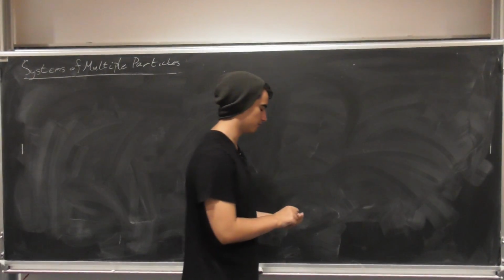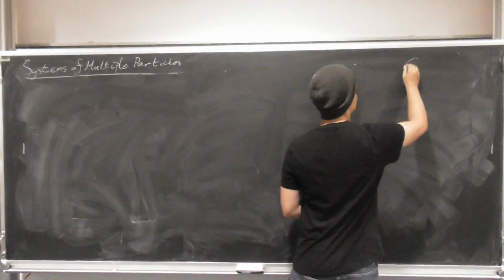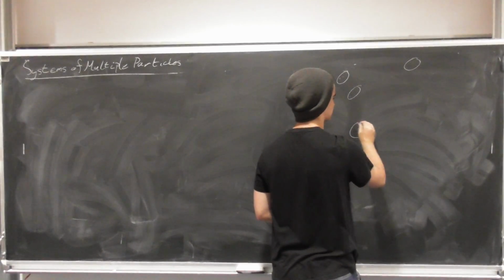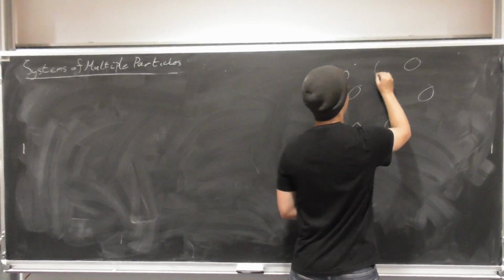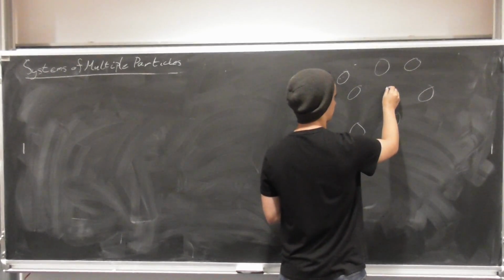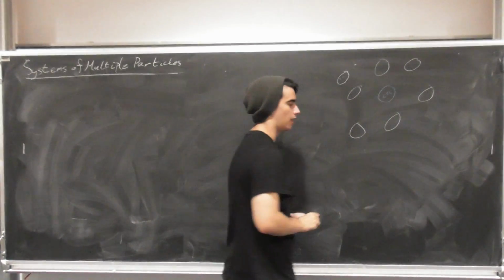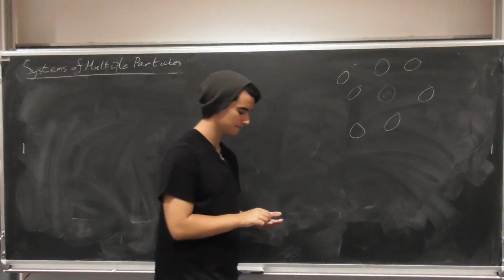So if we were to first draw a system of different bodies that are interacting with each other, either by charge or by gravity or something. And we'll draw this blue one here. This is, for now, the ith particle. This is the particle we're going to be studying for the minute.